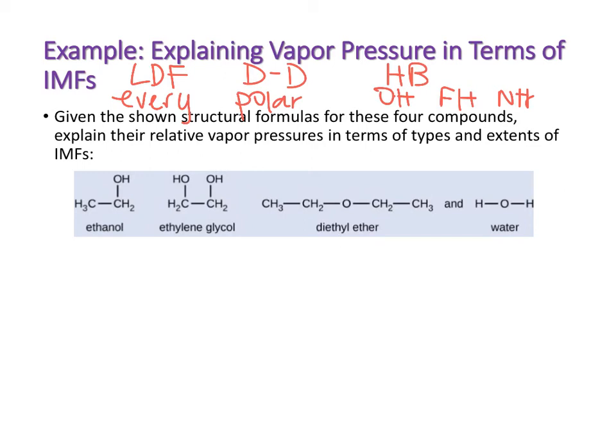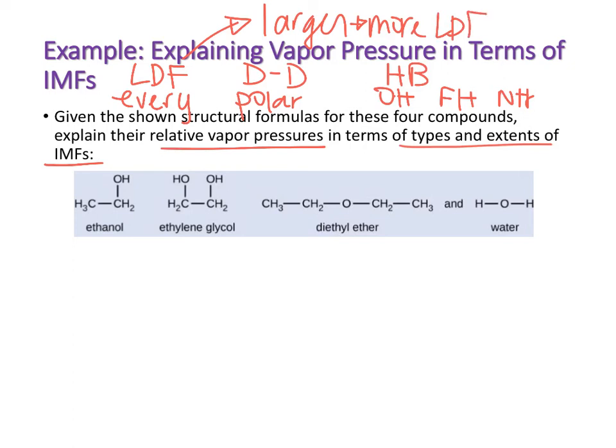Now, how do we apply this to these molecules we have? Given the shown structural formulas of these four compounds, explain the relative vapor pressures in terms of types and extents of IMF. Another thing we also have to know is that for London dispersion forces, the larger a molecule is, the more London dispersion forces you have, right?